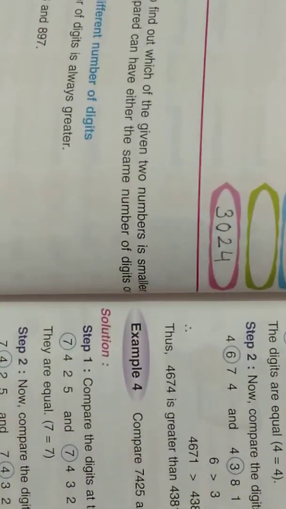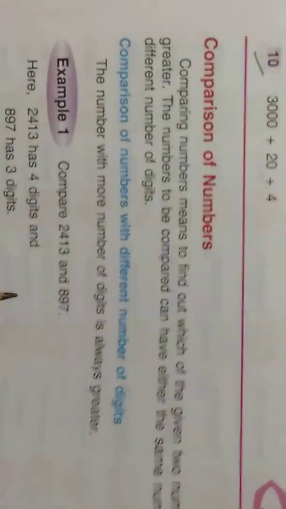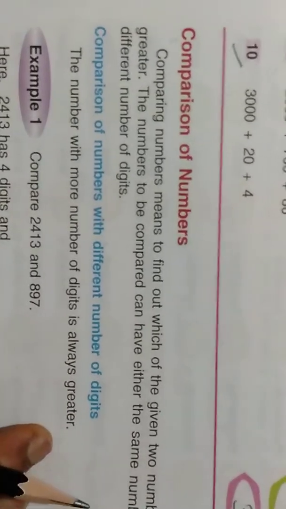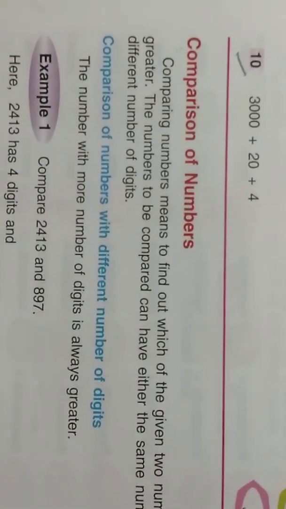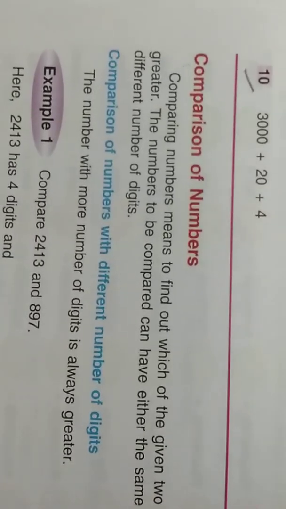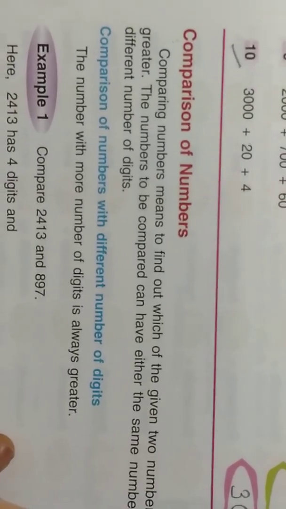Okay. Now let's do another very important thing, that is comparison of numbers. What do you mean by comparison? Comparison means finding out between two numbers which one is greater and which one is smaller. So that is called comparison. For example, 6 is greater than 4, 5 is less than 10.